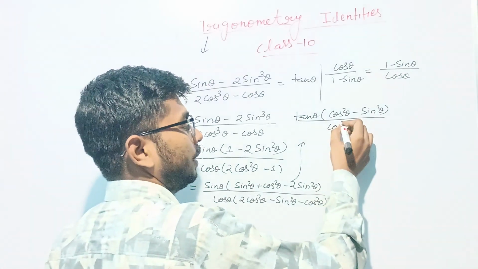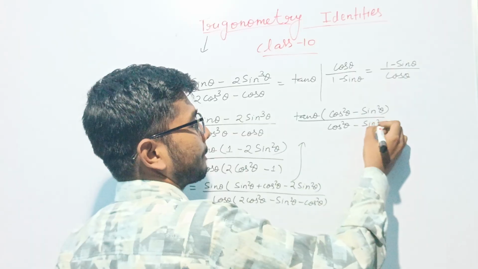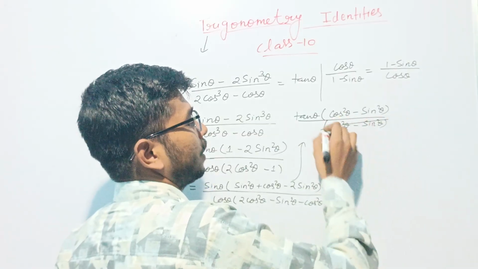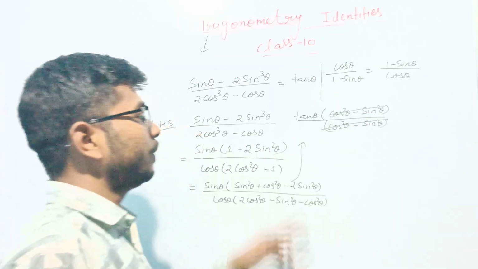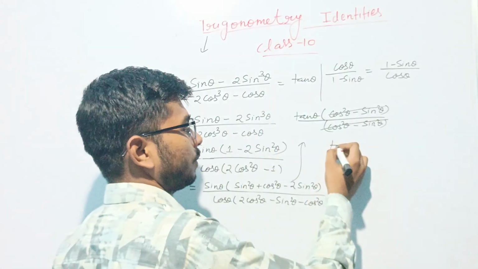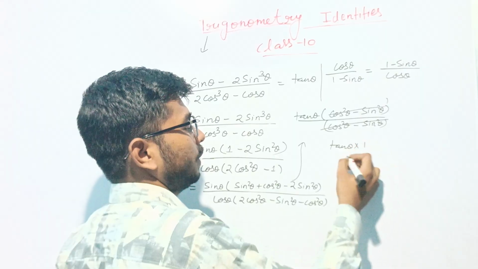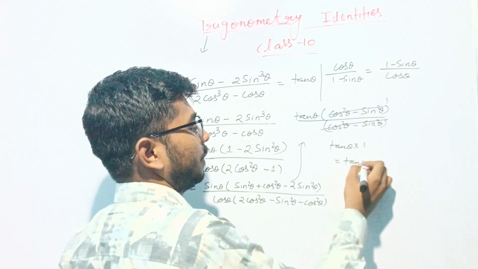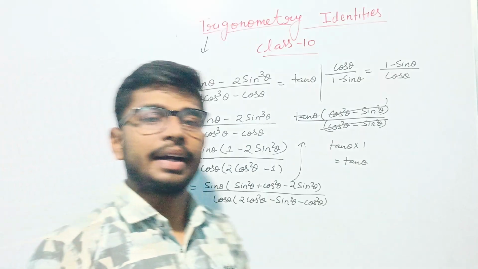So cos squared theta minus sin squared theta upon cos squared theta minus sin squared theta will cancel, and you will finally get 1. So tan theta into 1, you will get tan theta only. Okay, and this is your RHS, right hand side.